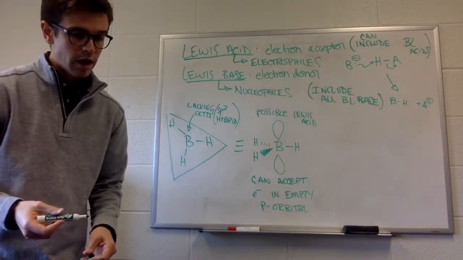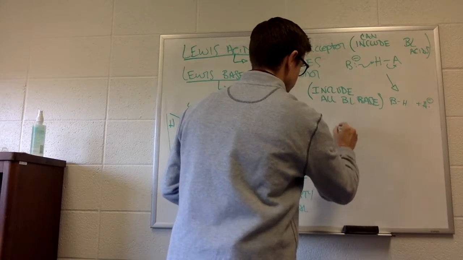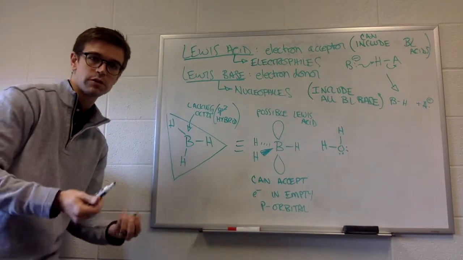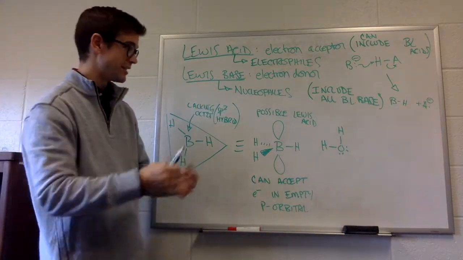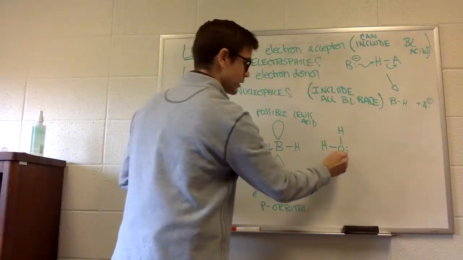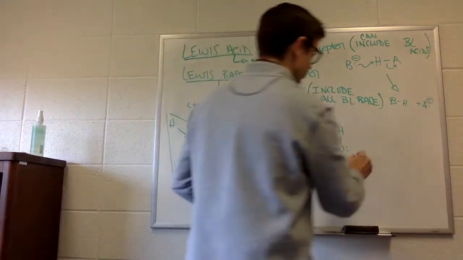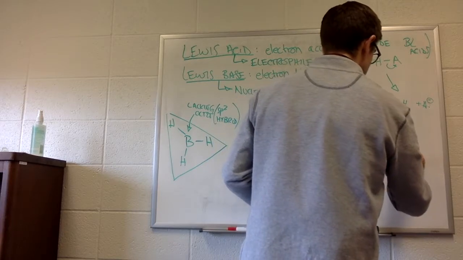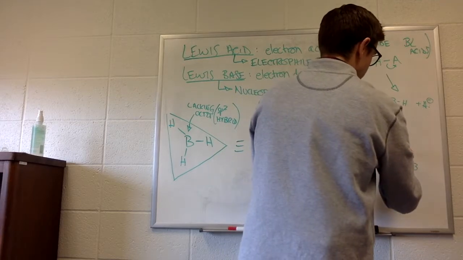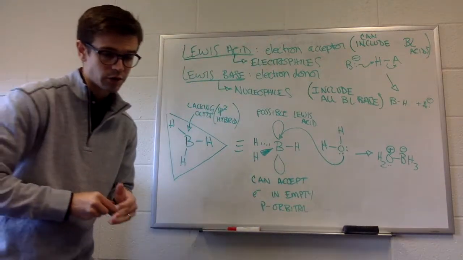So we said BH3 with water, so let's draw water in here. Water has two lone pairs. It's a potential base. It can accept protons. When it accepts protons, it's donating its electrons. So it's an electron donor. So a reaction of H2O with BH3 would form this complex where the oxygen is positively charged and boron is negatively charged, but together it is neutral.